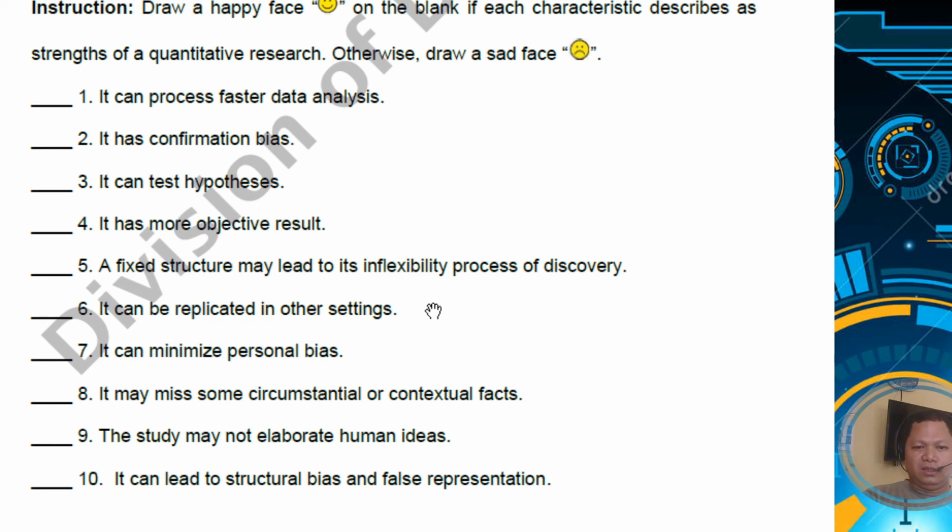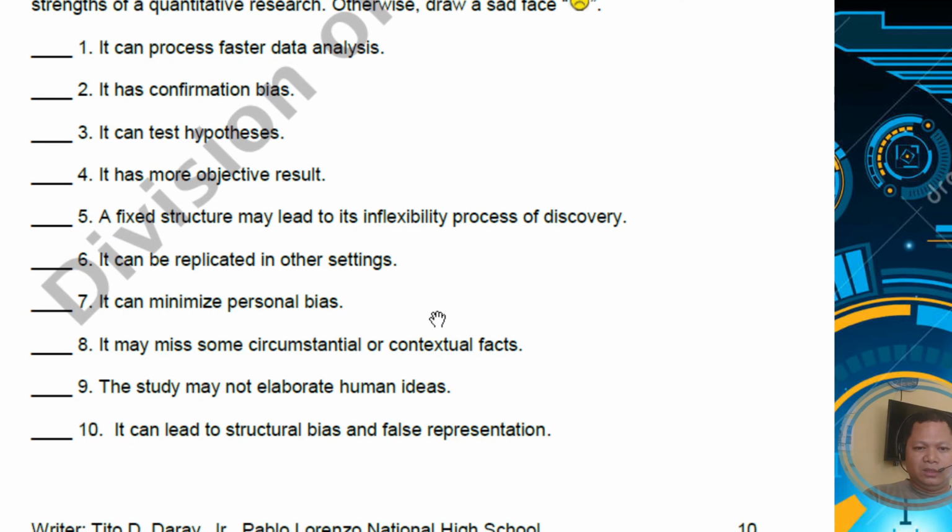Number 7, it can minimize personal bias. Happy face or sad face? That is a happy face. Number 8, may miss some circumstantial or contextual facts. That is a sad face. Number 9, study may not elaborate human ideas.